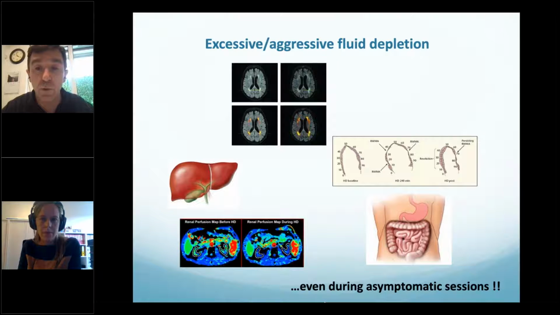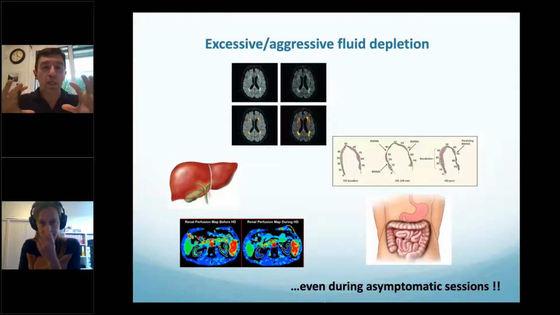At the myocardium level, we may have myocardial stunning, which is a segmental transitory decrease of myocardial contractility, which is completely asymptomatic, but it is very, very common even during asymptomatic sessions. And if repeated more and more times, it can lead to myocardial hibernation and myocardial fibrosis.